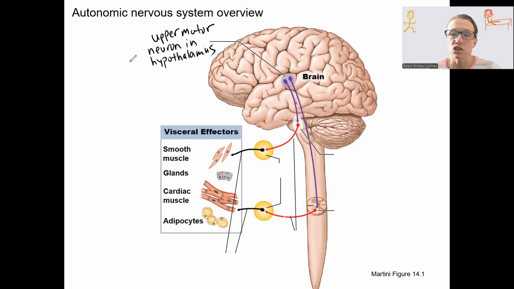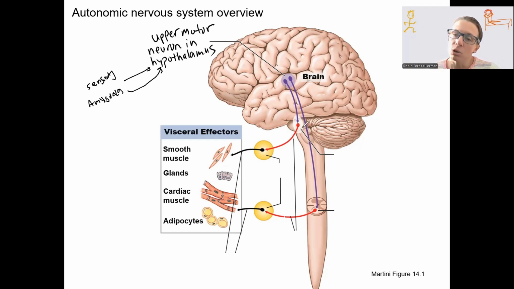The hypothalamus might receive information from other sensory systems, sensory cortex, amygdala. It's variable. Amygdala is related to fear processing. The hypothalamus is always going to have the upper motor neuron that then contacts the lower motor neurons involved in autonomic signaling. So in that case, it's similar to the somatic nervous system.